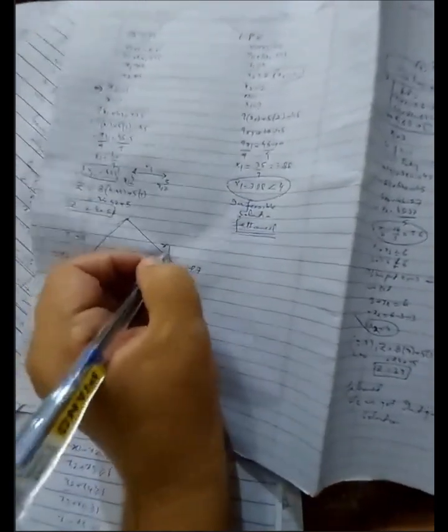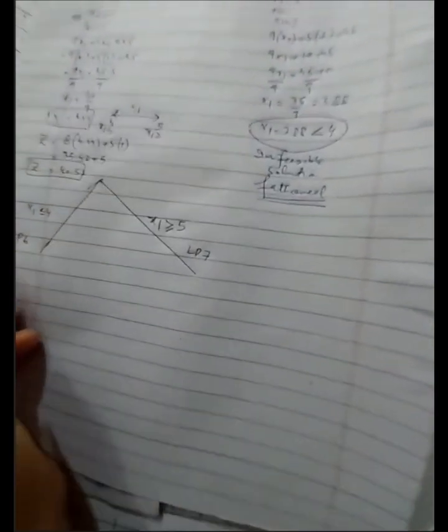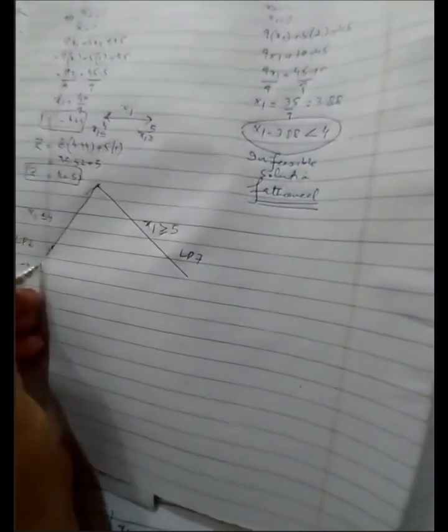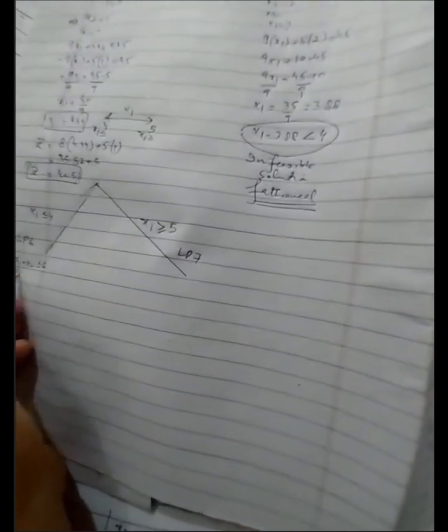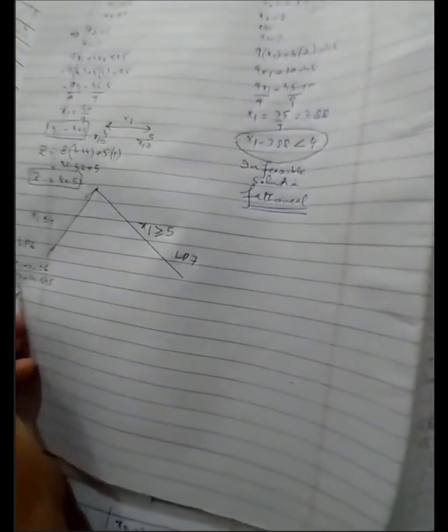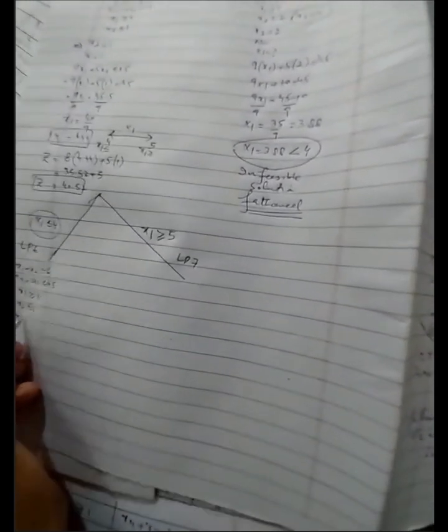We will put x1 less than or equal to 4 in this branch, which is LP6, and in LP7 we will put x1 greater than or equal to 5. Now here the constraints are x1 plus x2 less than or equal to 6, 9x1 plus 5x2 less than or equal to 45, x1 is greater than or equal to 4, x2 is less than or equal to 1, and I will also add this one, x1 is less than or equal to 4.